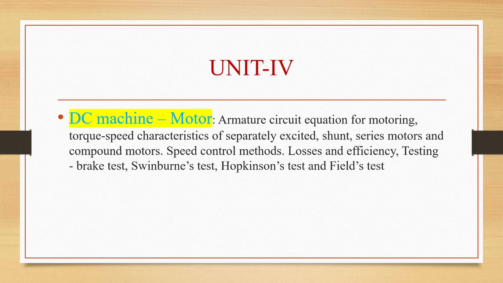In that we will see the equivalent circuit of a motor. Types of DC motors in detail I'll tell in the next class. Then after types of DC motors, I will tell about the characteristics, speed control methods, losses and efficiency, and various tests. Within 6 or 7 classes, we will finish this 4th unit.